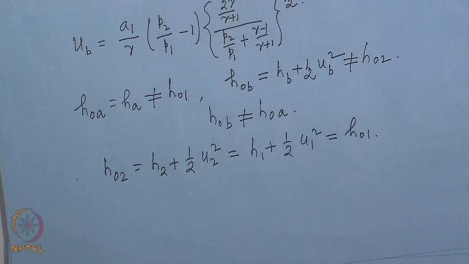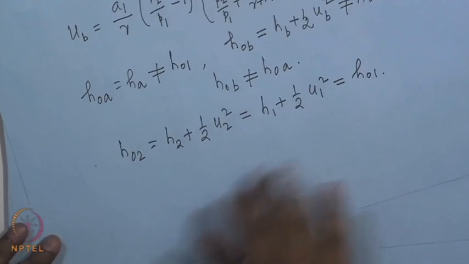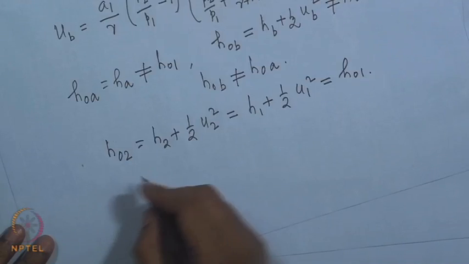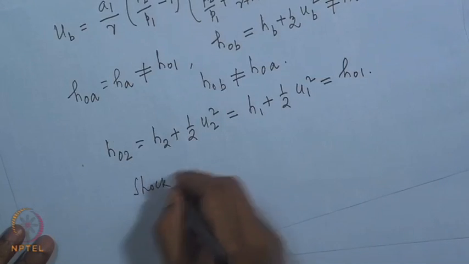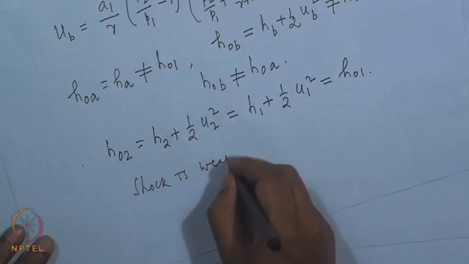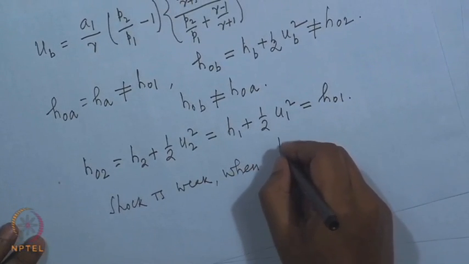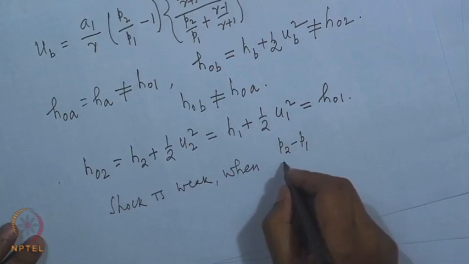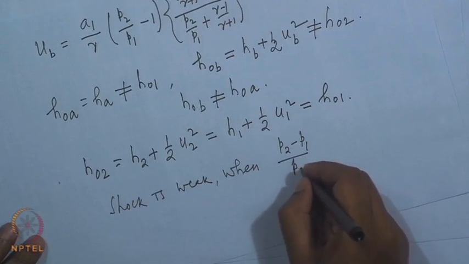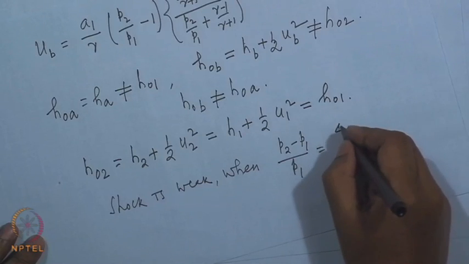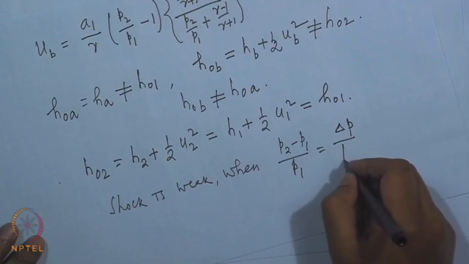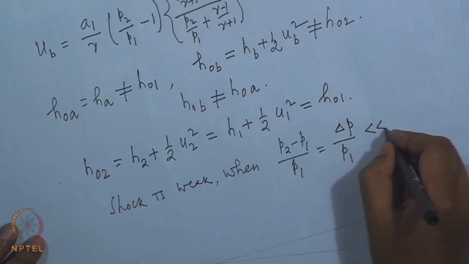A shock will be called a weak shock if the normalized pressure jump is very small. That is, a shock is weak when P 2 minus P 1 by P 1, that is the normalized shock jump, is very small.